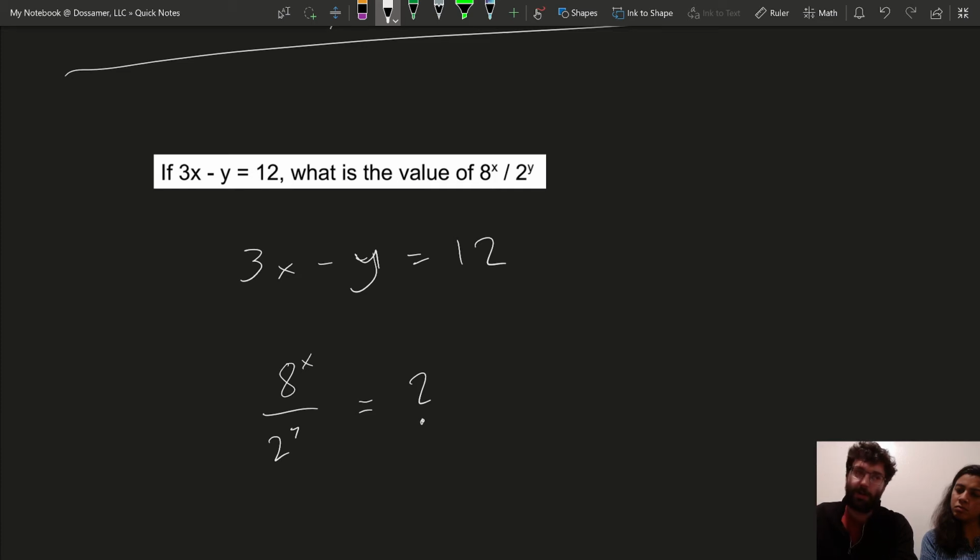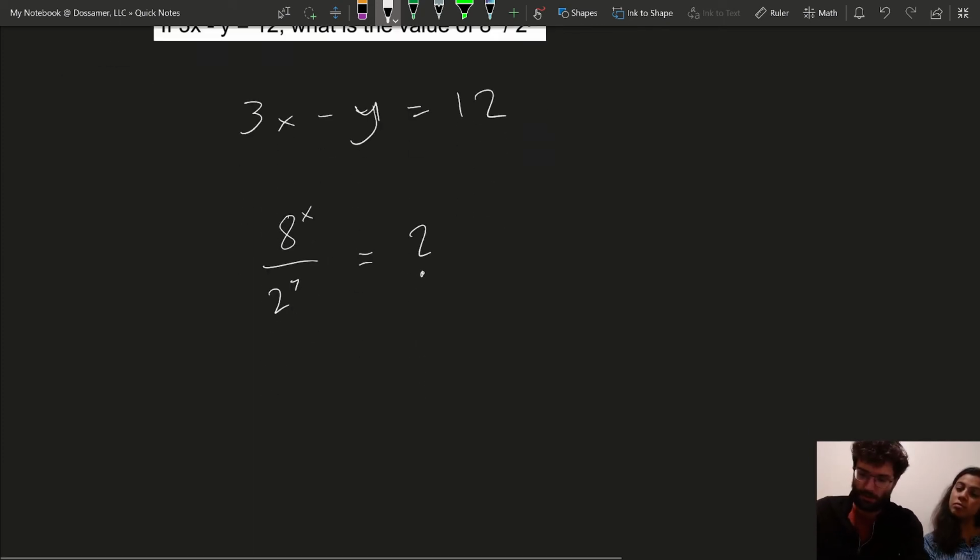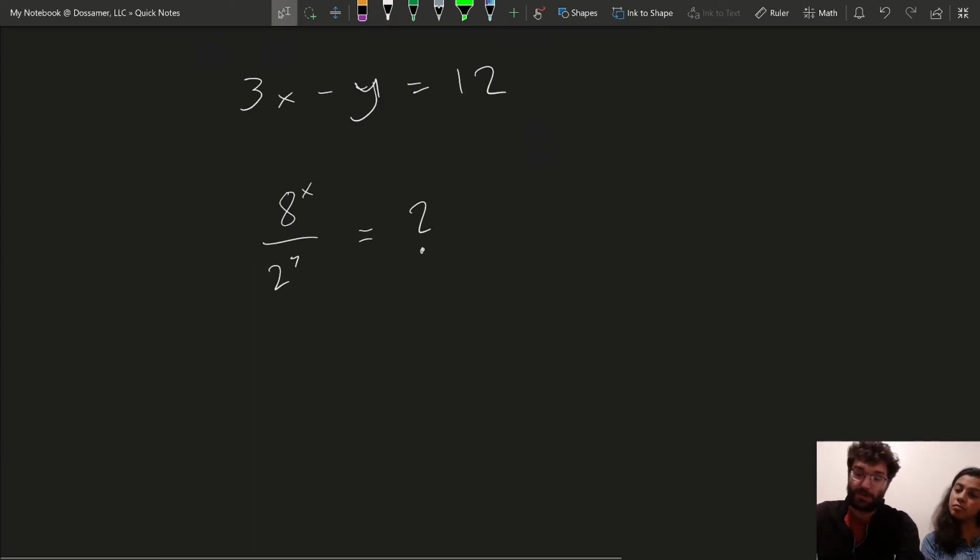So the most important thing, the initial thing that should be apparent to us early on, is if we have an expression in two variables, it'll make our lives a lot easier, kind of like in the last problem where we put the new cost in terms of the old cost, if we can put one of these variables in terms of the other variable.